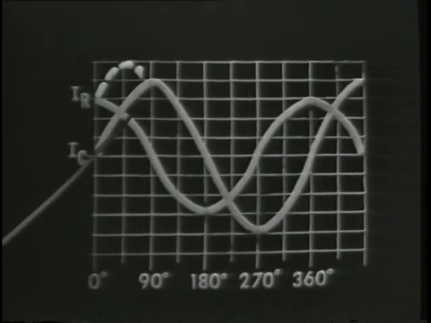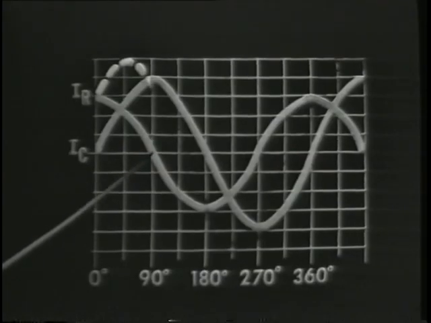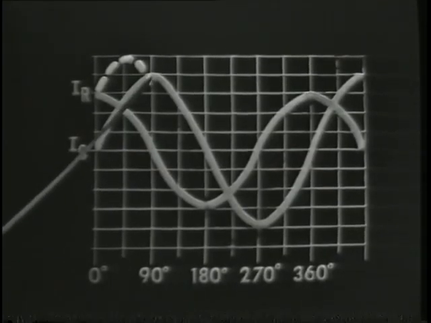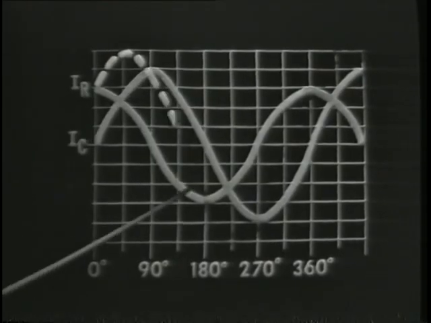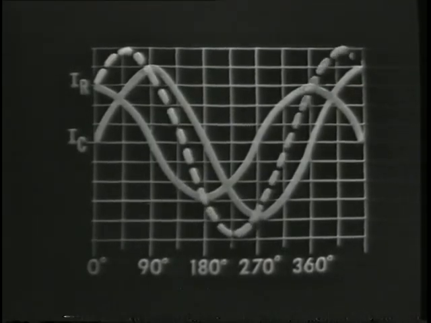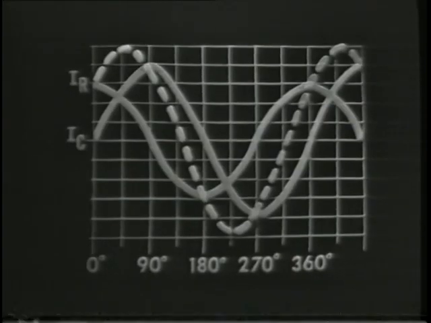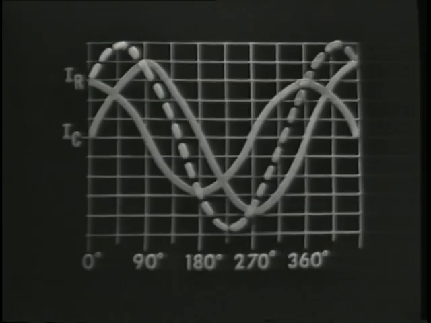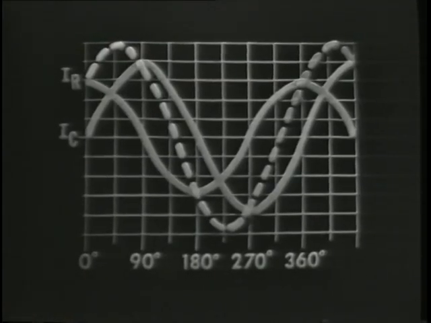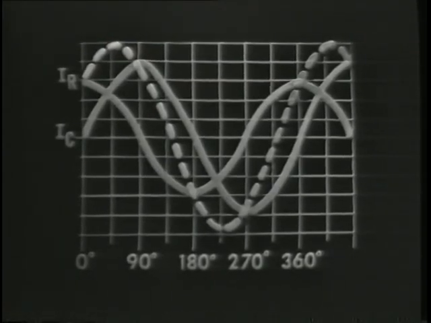And at 90 degrees, we see that IR is 0, IC is 40 milliamps, so that would be the value of the resultant current, and so on throughout the rest of the cycle. And we find that the total current is greater than either of the branch currents and less than the arithmetical sum, and also the phase difference is something less than 90 degrees.